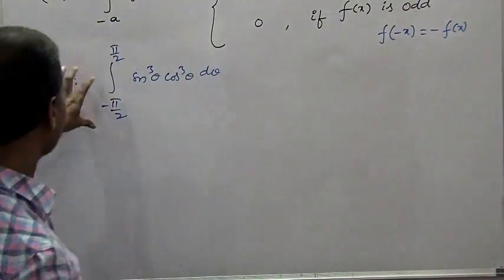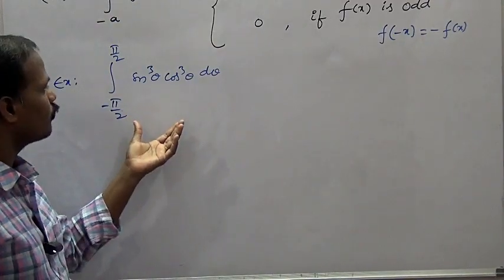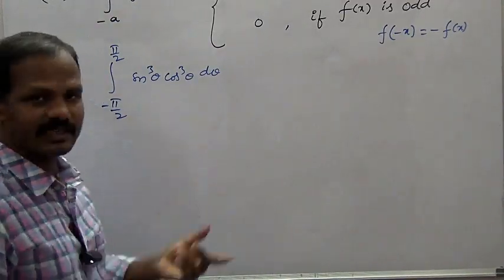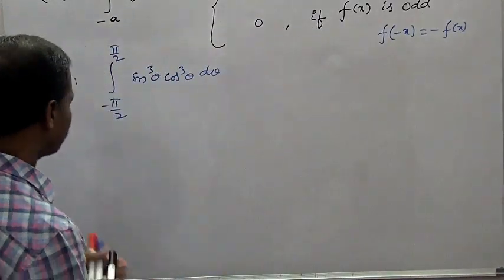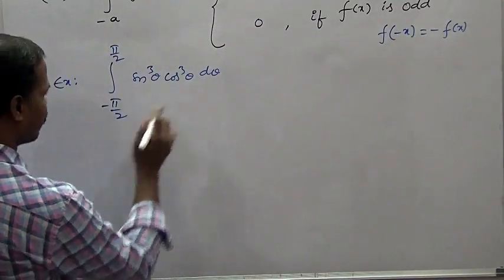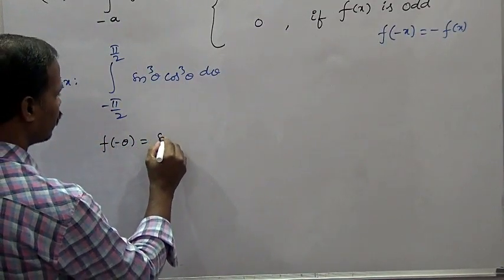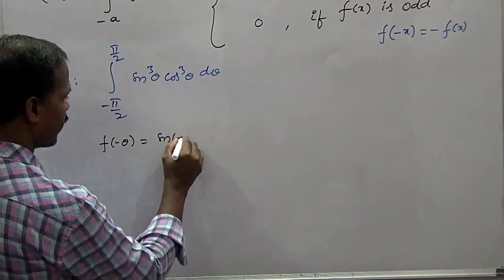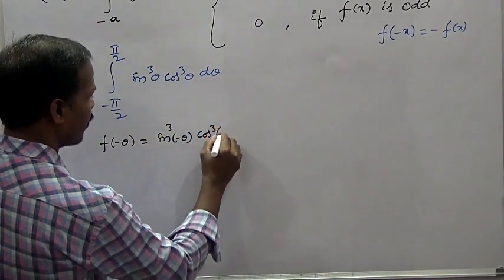Now this is of the form of this property. So what we have to do? First of all, we have to check whether the given function is even or odd. So check it. This is our function. So f of minus theta equal to sin cube of minus theta, cos cube of minus theta.